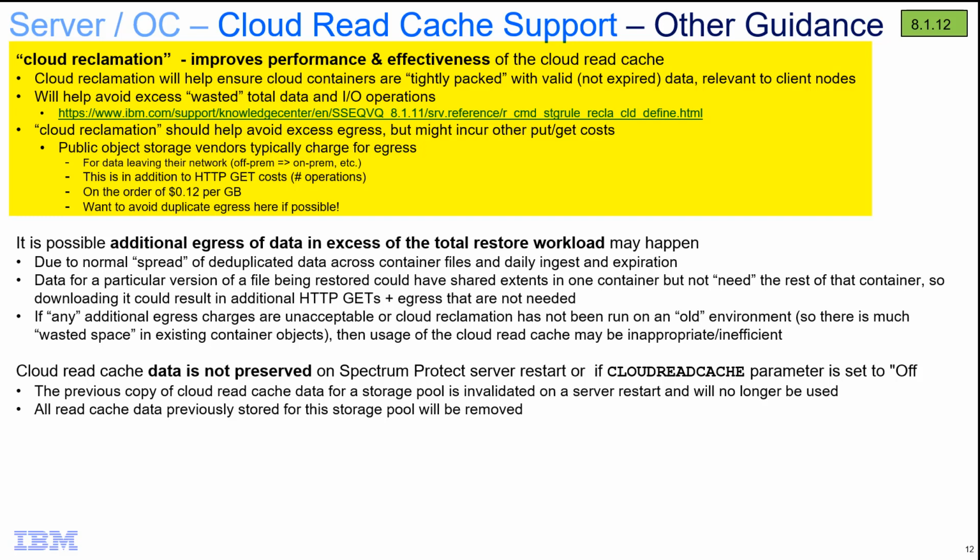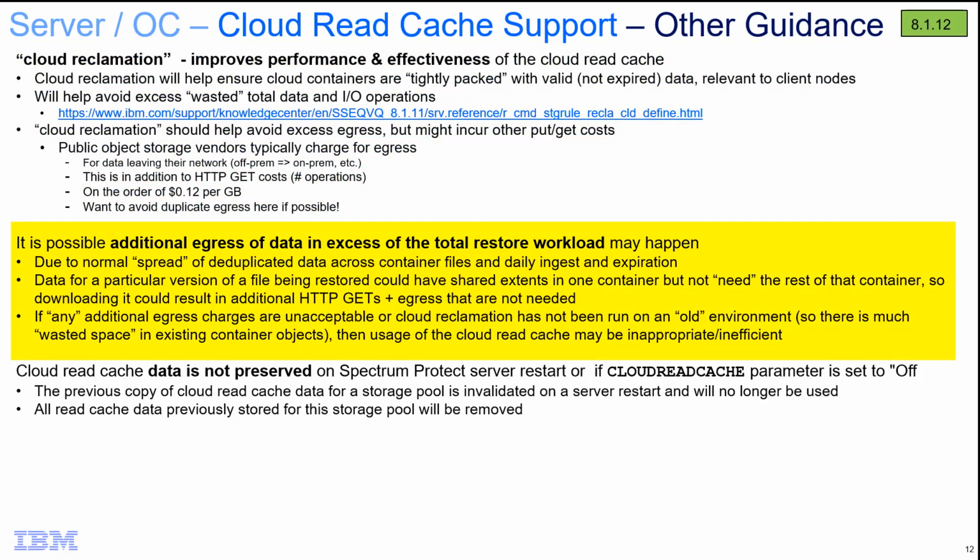So if you have run cloud reclamation and gotten rid of that dead space, then if you bring back an entire cloud object, you won't be bringing back dead data with it. Cloud reclamation benefits your cloud read cache operations. The consideration with cloud reclamation is that that too takes up both reads and writes on the cloud, and so you will be charged to run cloud reclamation by a third-party cloud provider.